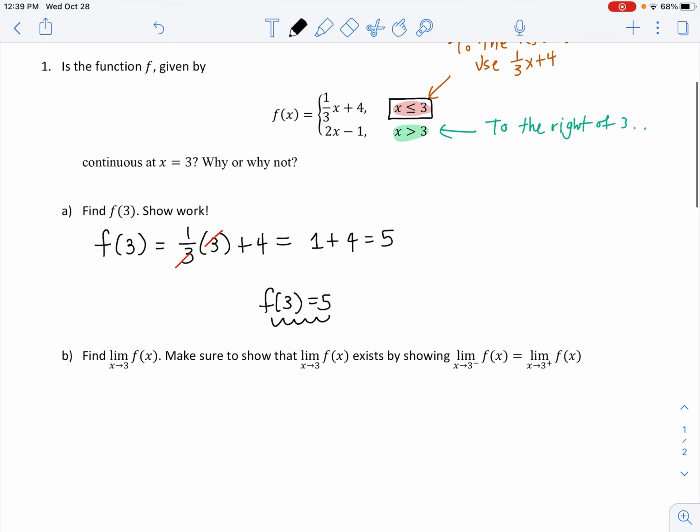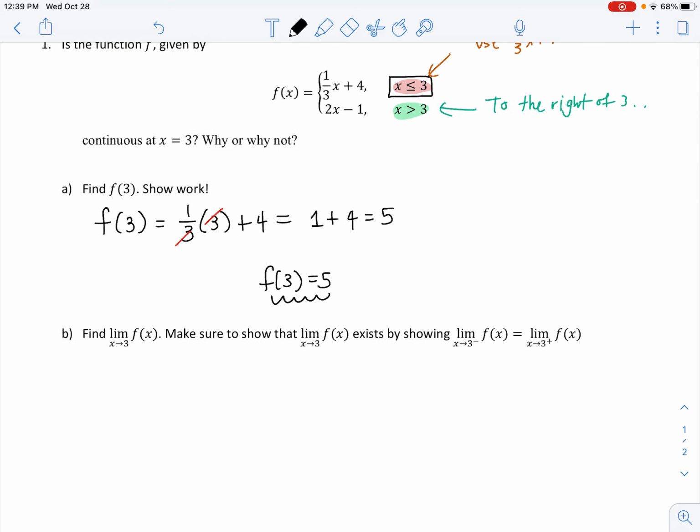Now the second thing, we need to find the limit as x goes to 3. And since this is a piecewise function, guys, we need to make sure that the left-hand limit and the right-hand limit are the same for the limit at 3 to exist. So first find me the limit as x approaches 3 from the left.